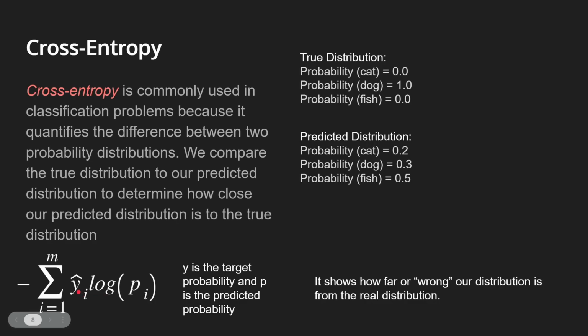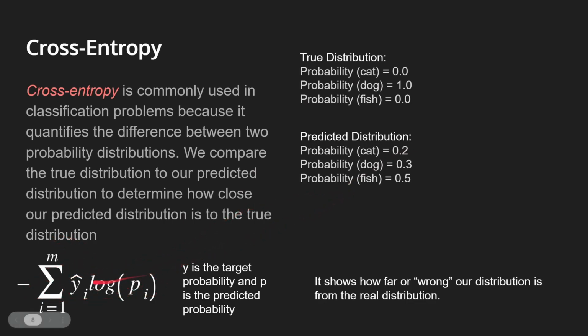We're taking the predicted value and multiplying it by the probability, right? So this is the predicted value, for example 0.2, and the true value is 0, right? So we're taking the log of 0, multiplying it by 0.2, and we take the sum of that, and then we make it negative.